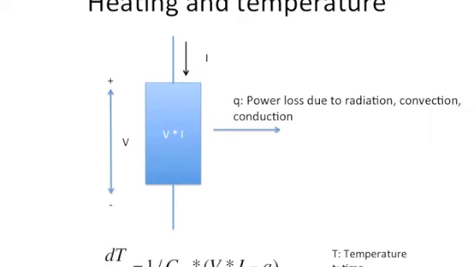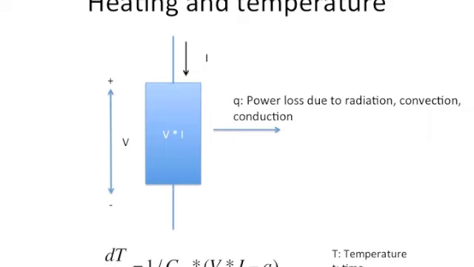Even 30 is kind of getting there, 40 is miserable, 50 you will probably not survive for too long. So every system has a certain sweet spot of temperature, and it's important to manage the thermal profile of your system, and you manage it in multiple ways.